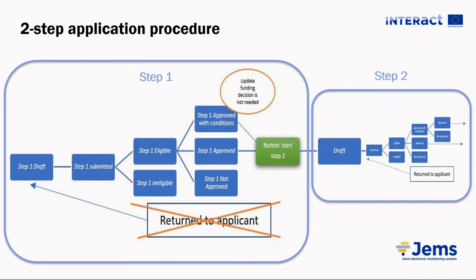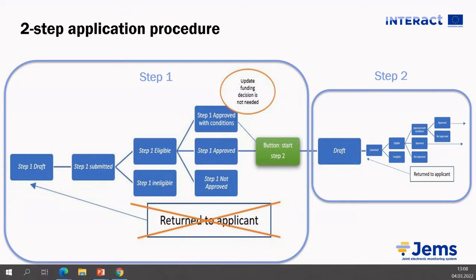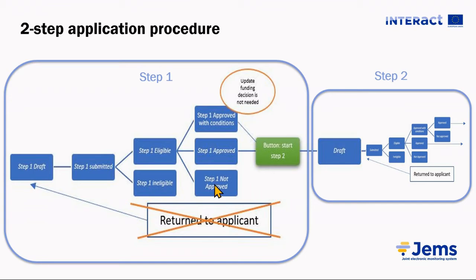If eligible in step 1, an application undergoes the quality assessment and the selection process, and then the decision will be either step 1 approved with conditions or without conditions, or step 1 not approved.